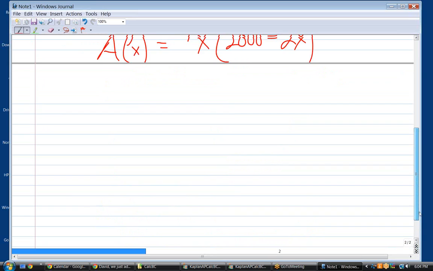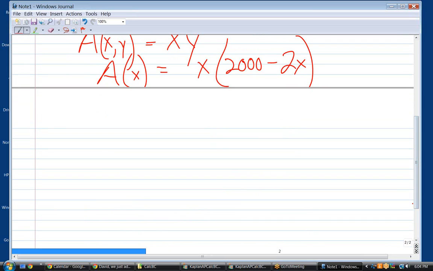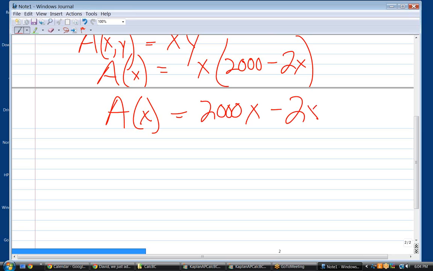Okay, so what now? Distribute the x into 2,000 minus 2x. Okay. What now?